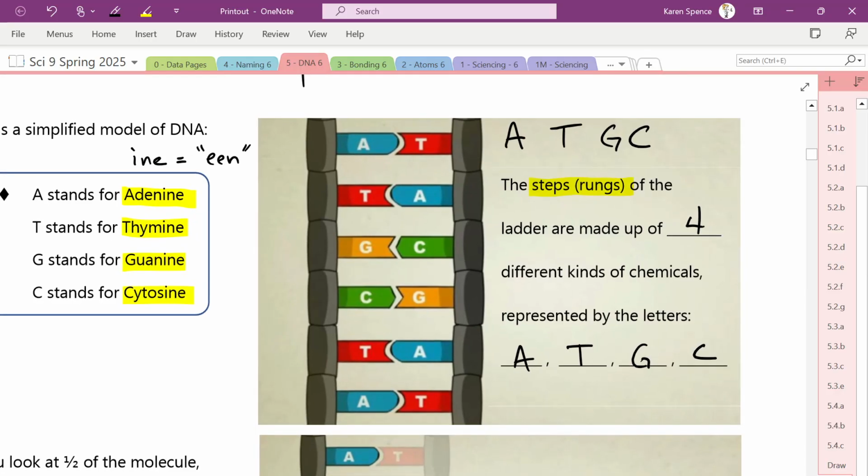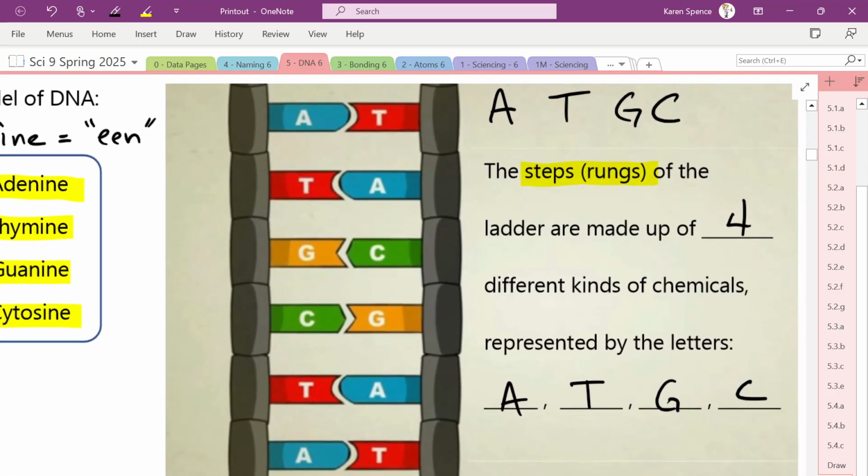Do you notice anything about how they pair up with each other? Have a chat with your neighbor. Anyone notice anything?